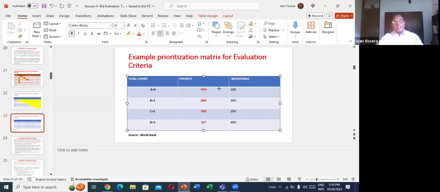Fourth and final is A. But then we can give weightings. That is based on some proportion. So they have given 40 marks for the most important, 30 marks for the second, 20 marks for the third, 10 marks for the fourth.